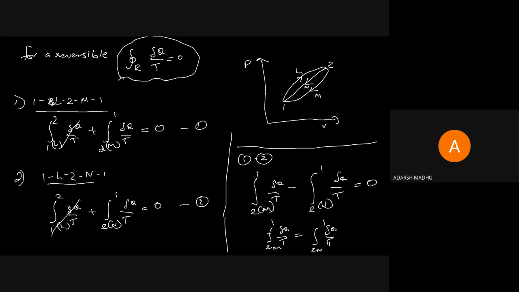Whichever path, any path from 1 to 2 through L and M or through L and N, the total for a reversible process is the same for the M path and the N path. So it is clear that the value of dq by t will be the same for any path. dq by t does not change according to path.